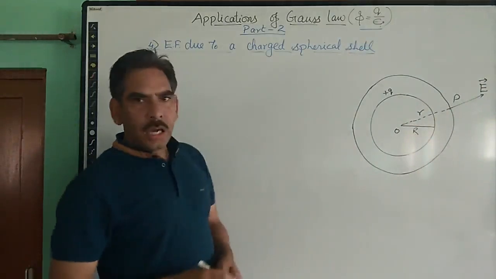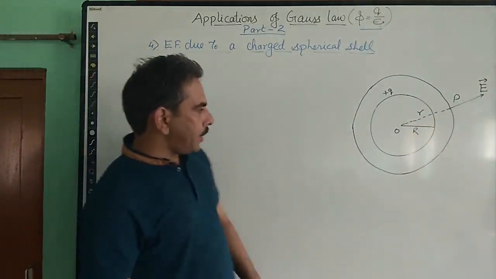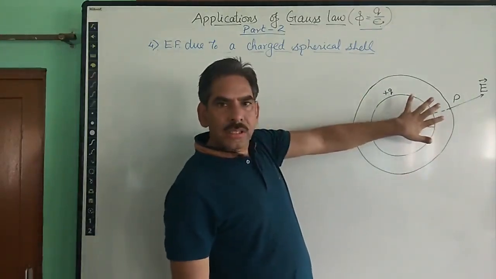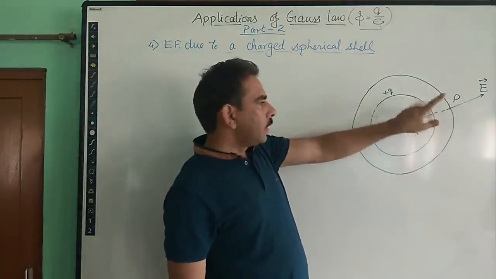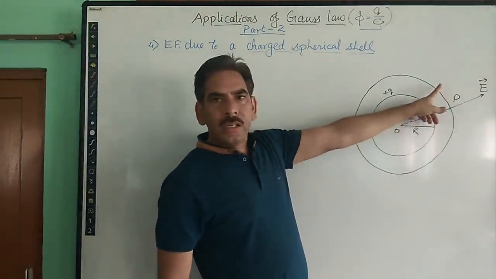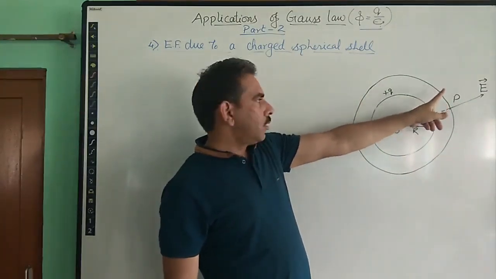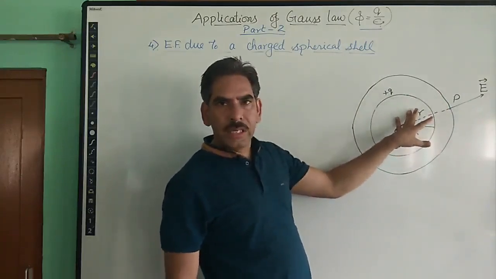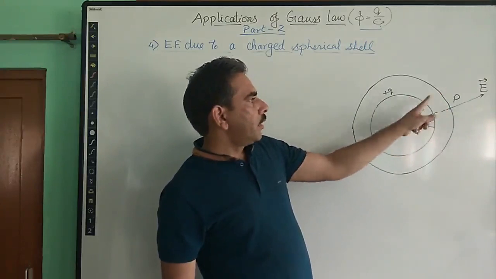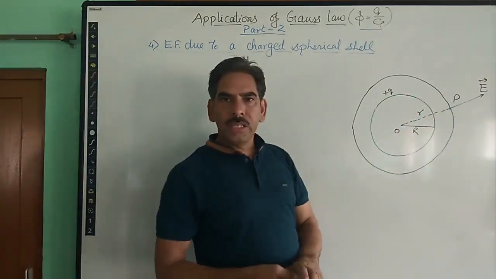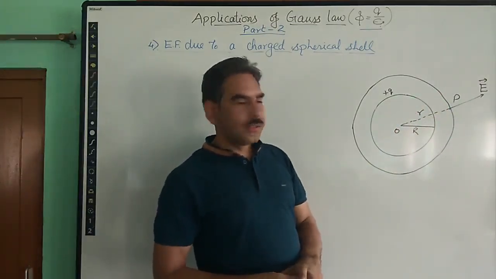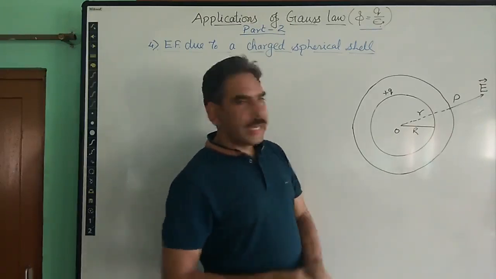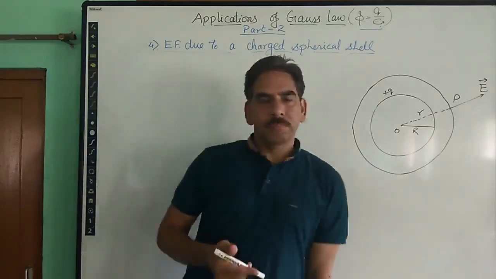So at every point of this Gaussian surface, the electric field due to this charged spherical shell will be uniform, meaning constant, because every point is at the same distance from the center of the spherical shell, and it is also directed normal to the Gaussian surface. So the direction of electric field is always normal to the Gaussian surface. Therefore we can use the Gauss law here.